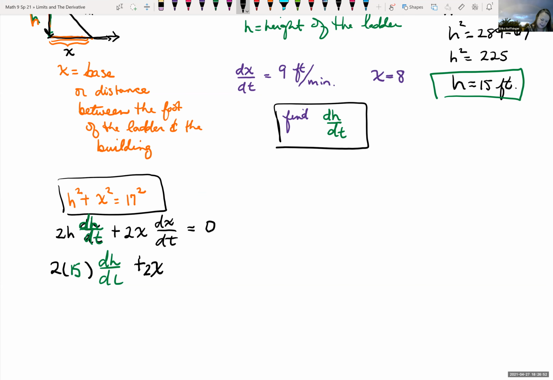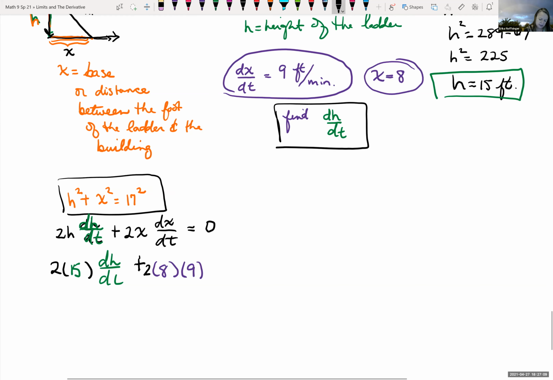But we know what x is. x is 8. dx/dt, we also know that was 9 feet per minute, is equal to 0.